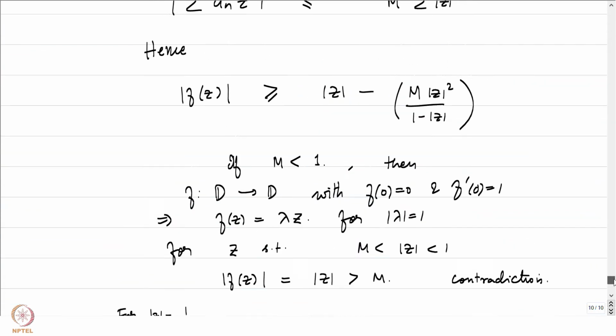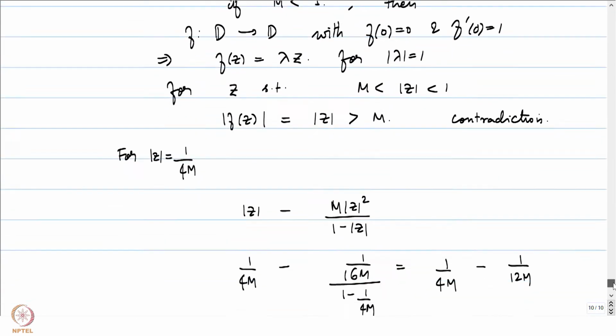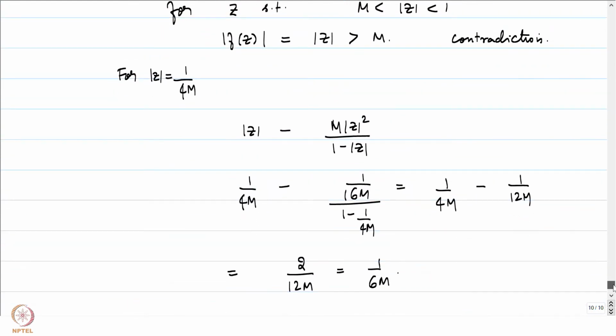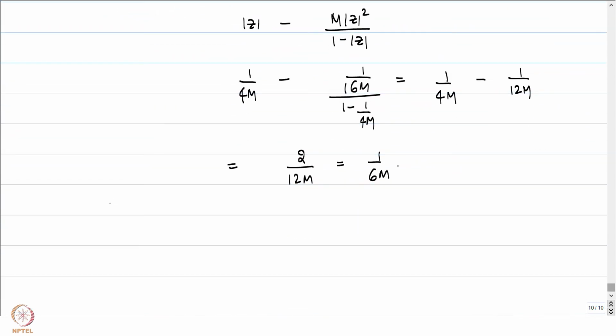And that's what we get for considering the circle of radius 1 by 4m. Hence, the absolute value of f of z is greater than or equal to 1 by 6m on the circle z such that mod z is equal to 1 by 4m.